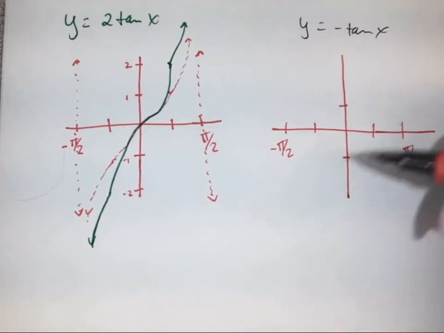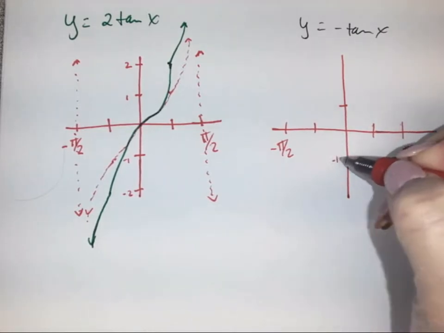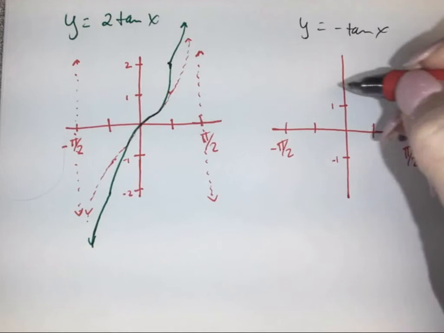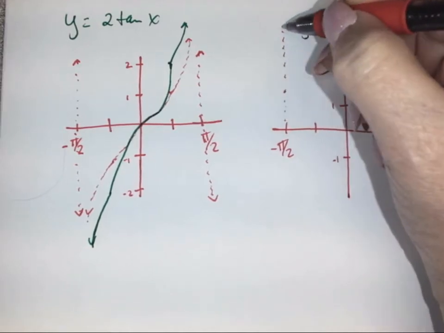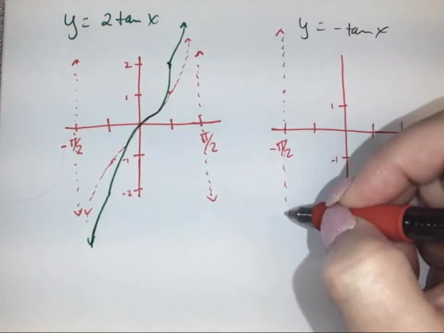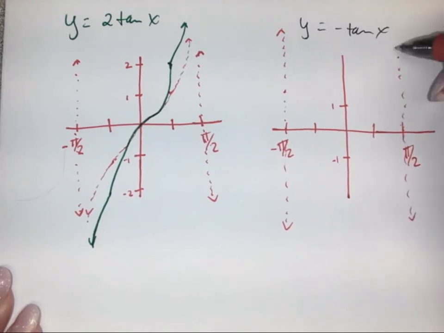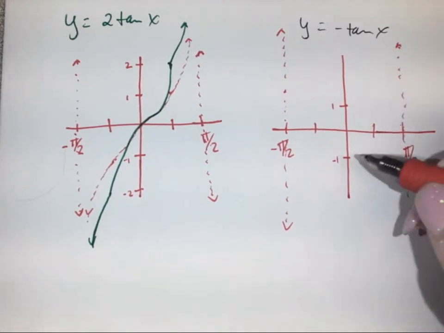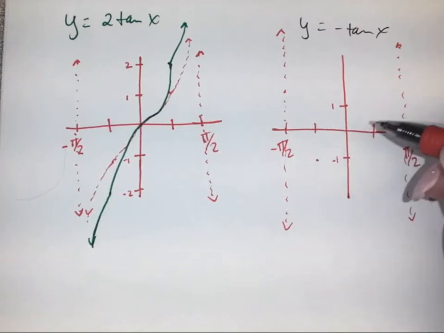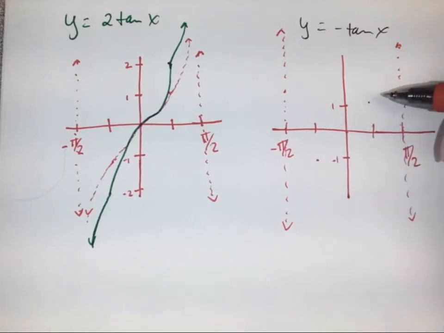So it'll be 1 and negative 1 because it'll be flipped around. So negative 1 and 1. Here will be our asymptotes. So our original graph will hit at this point, and this point.